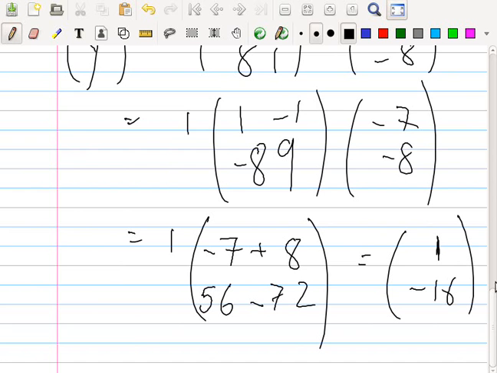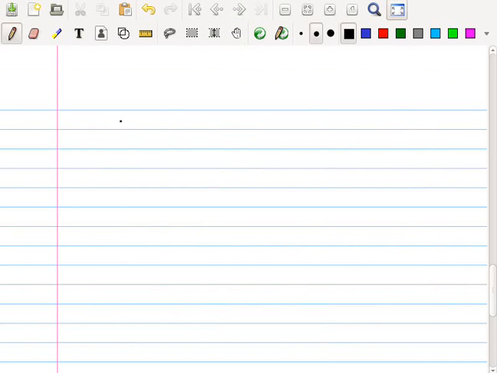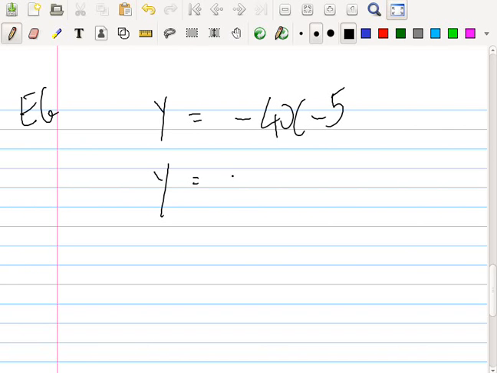Okay, another example now. So what about something like this one? y equals minus 4x minus 5, and then y equals minus 5x minus 8. The problem with this is that it's not quite ready for me to use matrices yet, because the x and y aren't with the y.